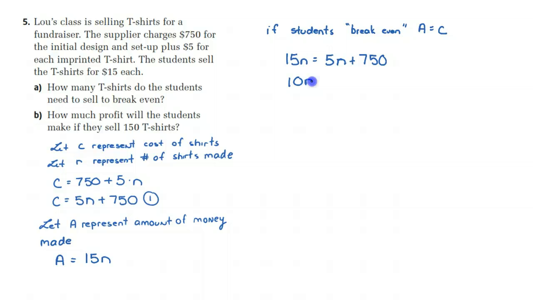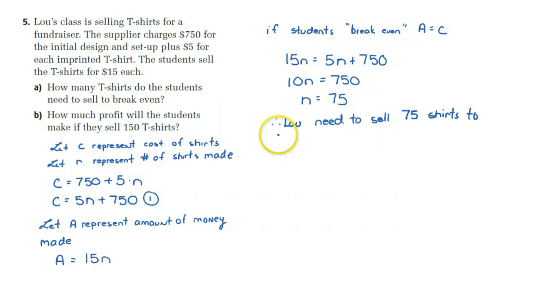So 10N is equal to 750. So N is equal to 75. So therefore Lou needs to sell 75 shirts to break even.